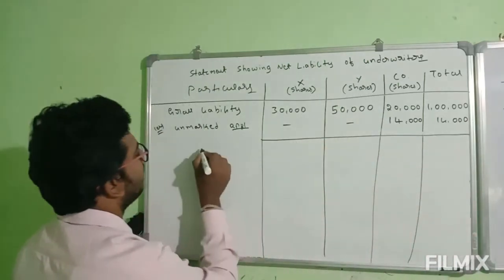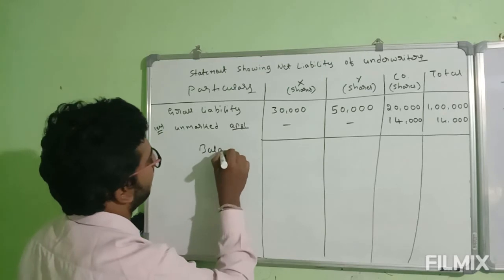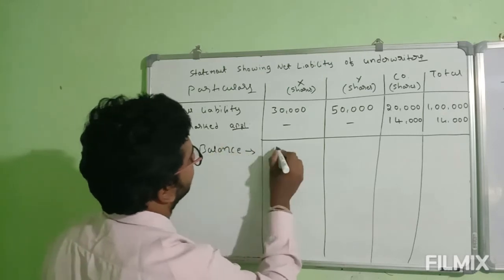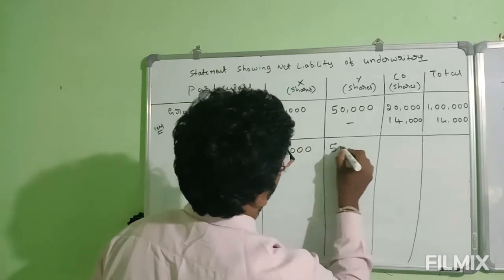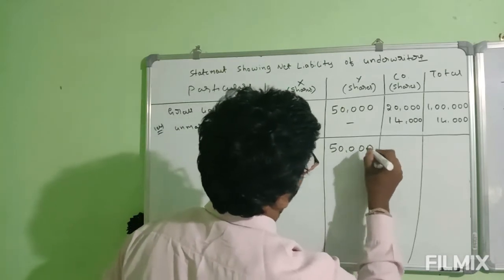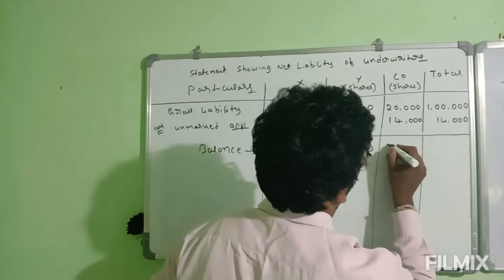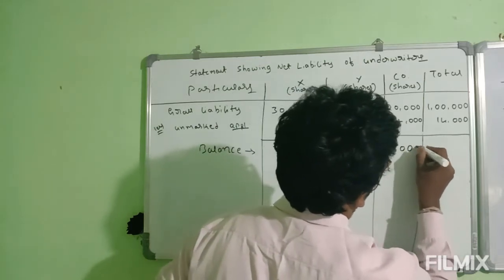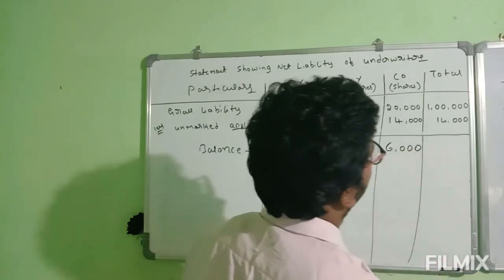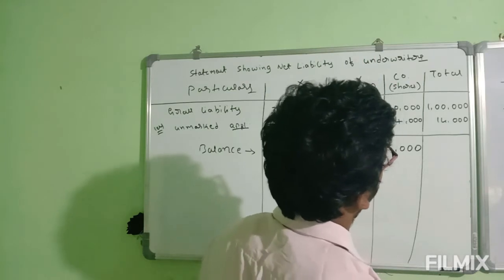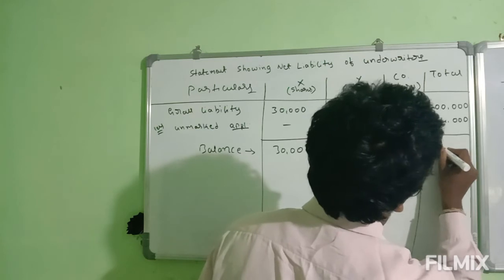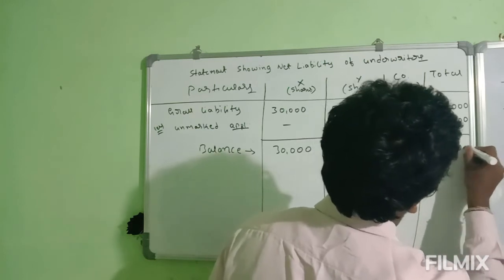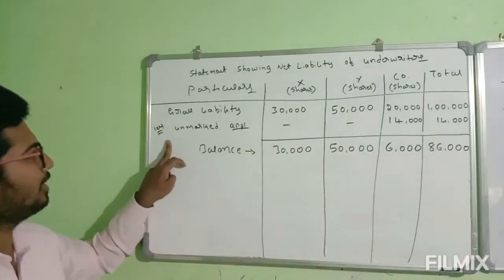So it will become the balance: 30,000 and 50,000 stay as they are, and 20,000 minus 14,000 is 6,000. 1 lakh minus 14,000 is 86,000. This is the one change.